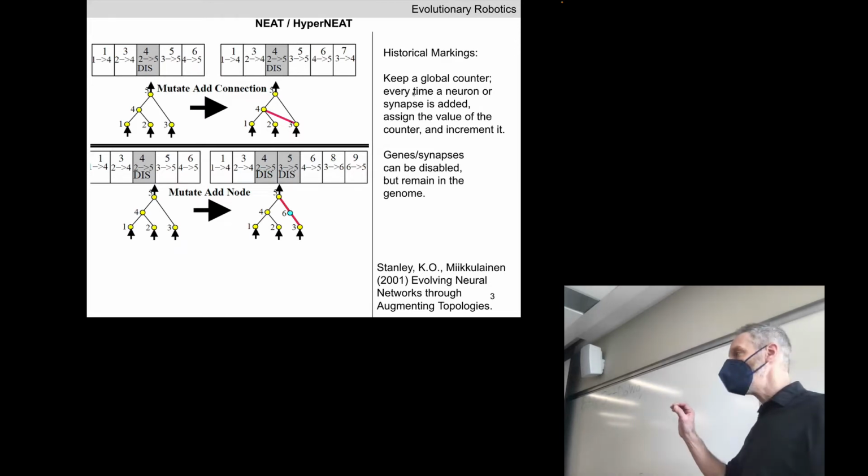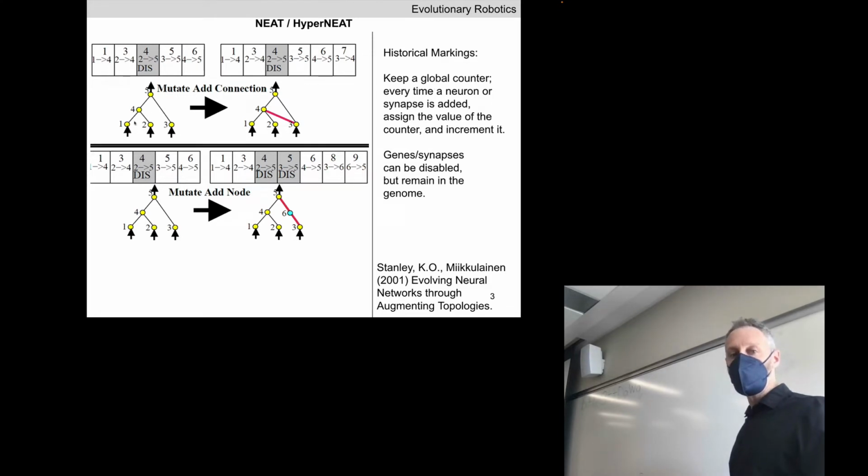So every time a mutation adds a neuron or a synapse to the first or the second list, respectively, we're going to keep a global counter. We're going to take the current value of that global counter and assign it as the innovation number for that new thing that we're adding to the current genome.